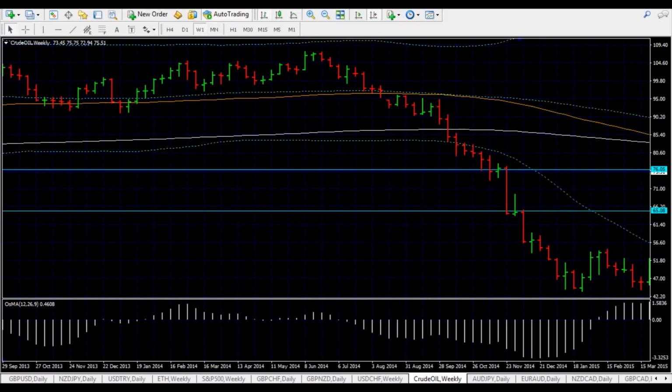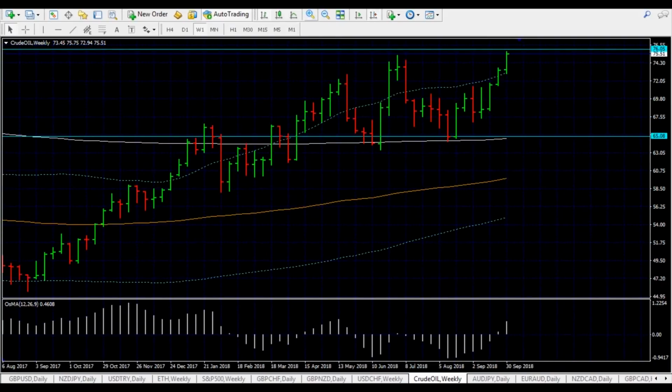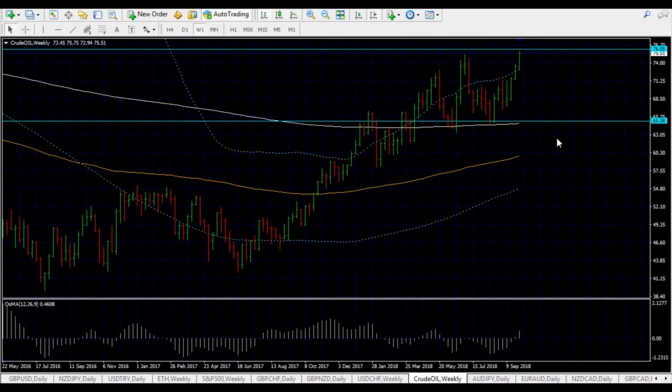And if I go on to the weekly time frame, what is interesting to note is that this blue line that I plotted, the monthly 150 line, is now in confluence with the weekly white line, which is my 365 moving average. So now we got two lines at this area. How strong is that?